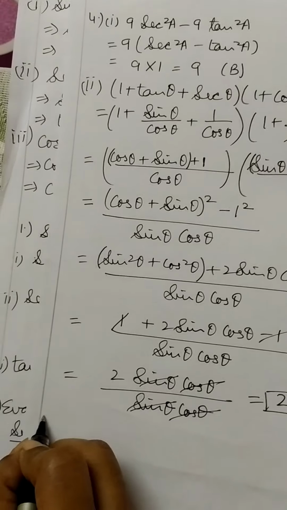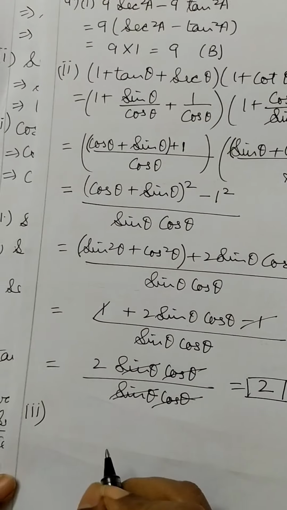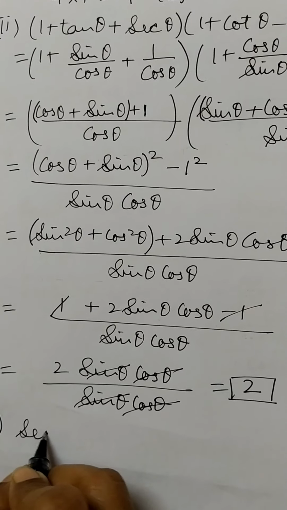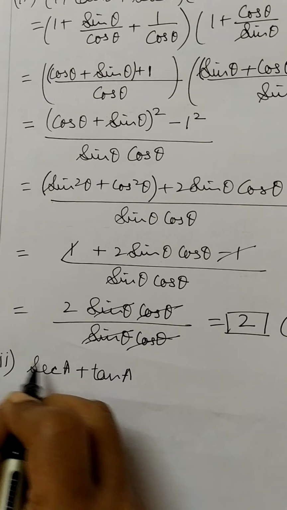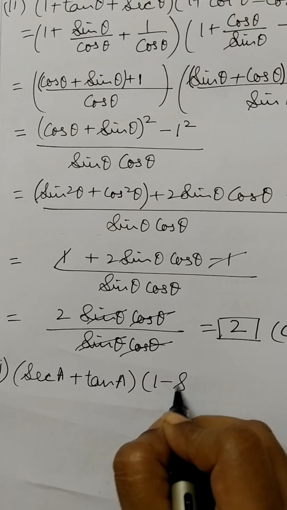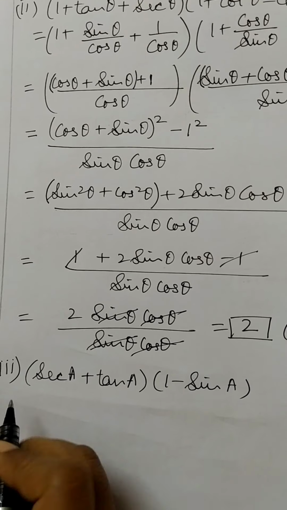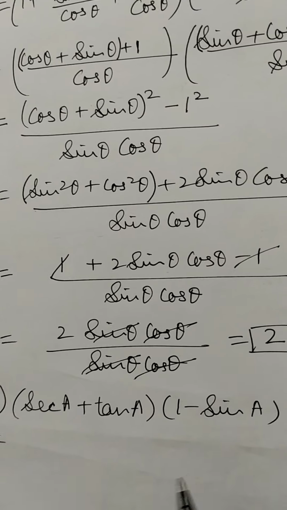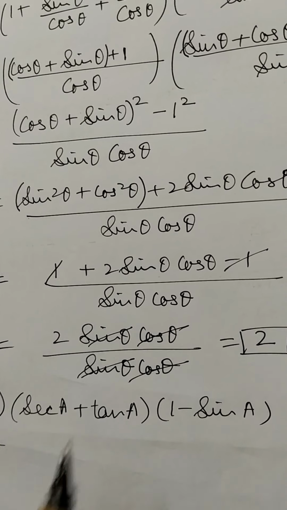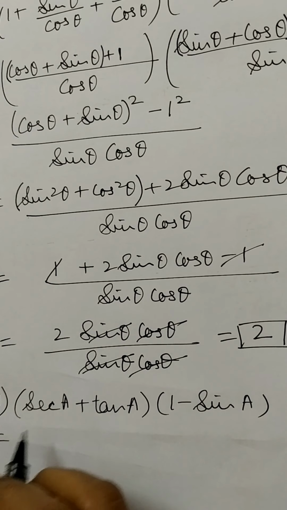Now third part of question number 4, sec A plus tan A into 1 minus sin A. Here you can see that no identity we can apply here in the beginning. So let us write sec A and tan A in terms of sin and cos.